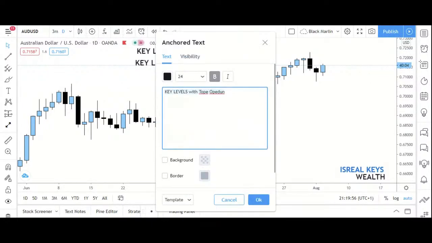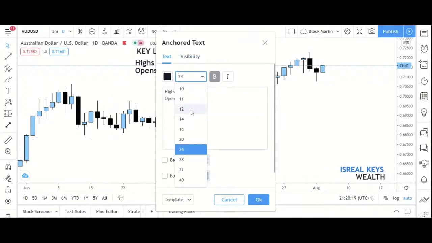So, let me do this again to remind you guys. The things we'll be looking at will be highs and lows, opens and closes. And when I say highs and lows, opens and closes, I'm referring to your candles.